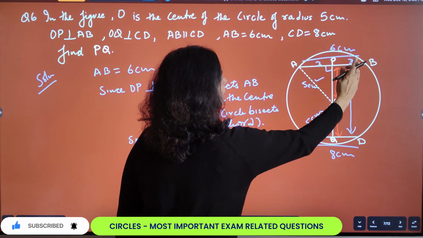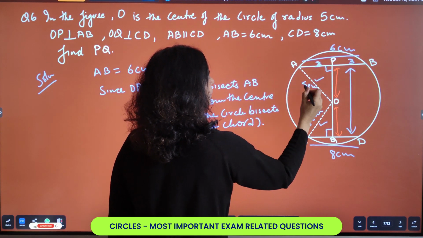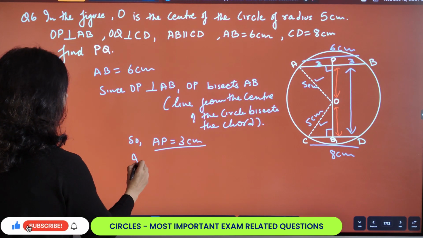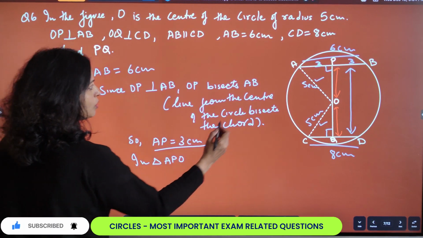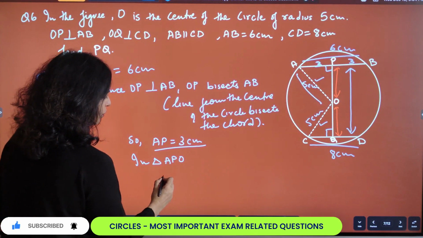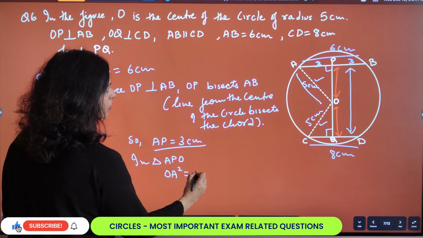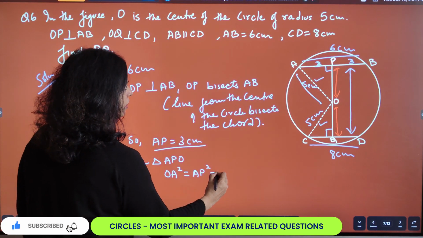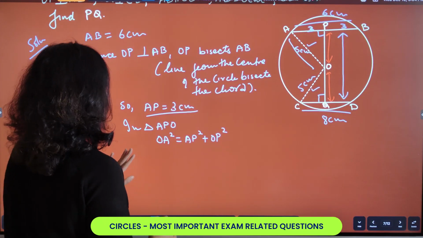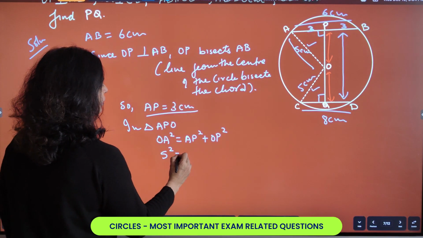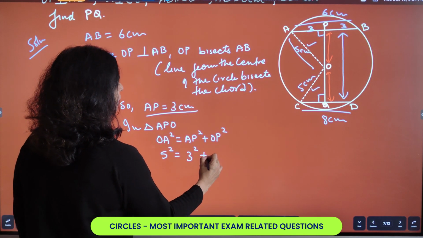We don't need this part, we need only this part. This is 3 and we have 5 here. Now in triangle APO, I can use Pythagoras theorem. This becomes the hypotenuse. OA square is equal to AP square plus OP square. OA is 5, AP is 3, plus OP square.